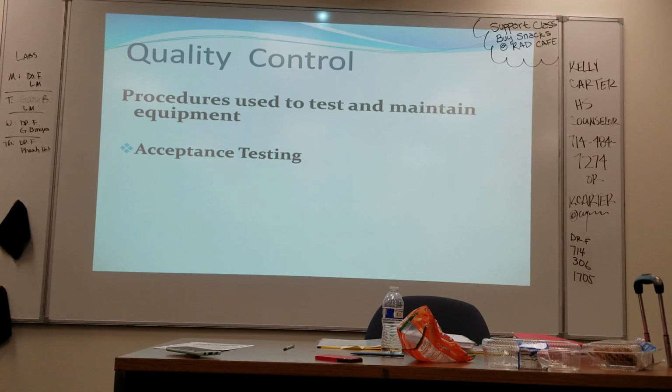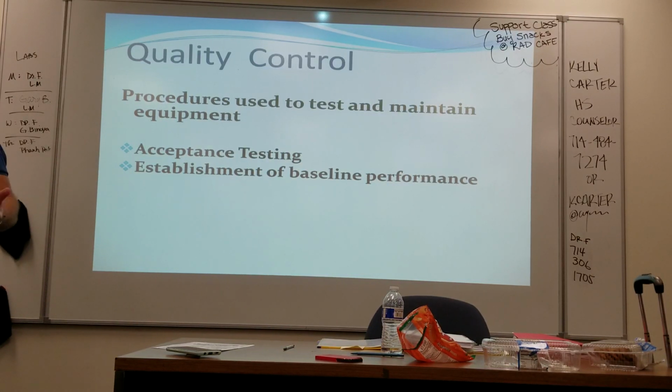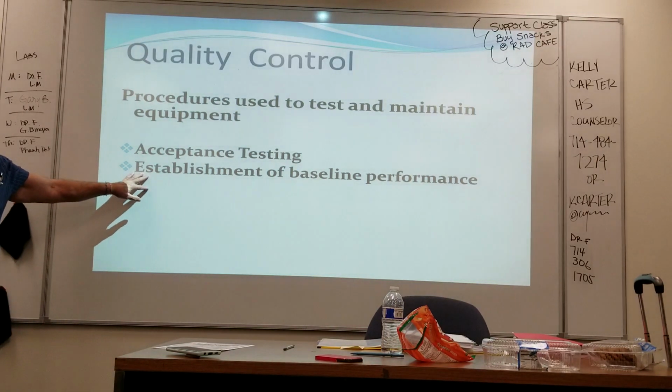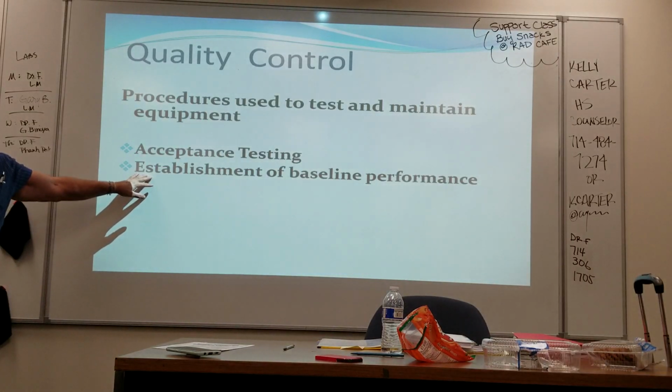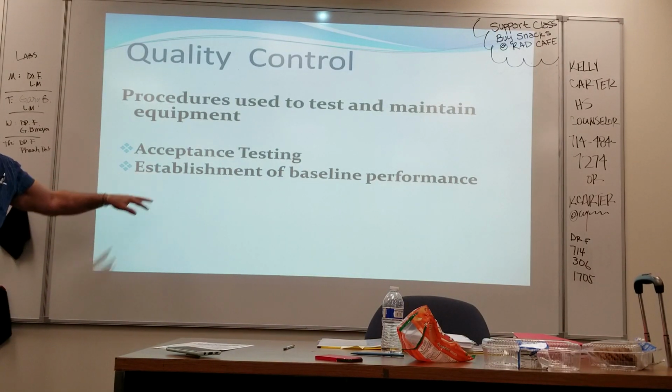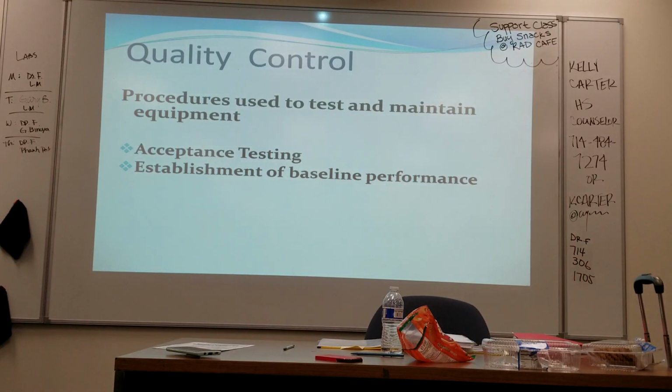Joint Commission requires that to be done by a board certified or other certified medical physicist. And that establishes baseline performance. So everything in the future will refer back to how that equipment operated at the time it was purchased or first acquired, and everything goes back to that to determine how performance either improves or degrades.